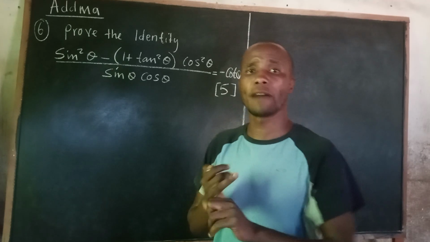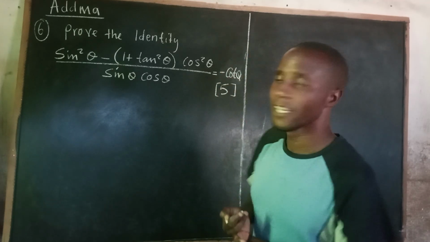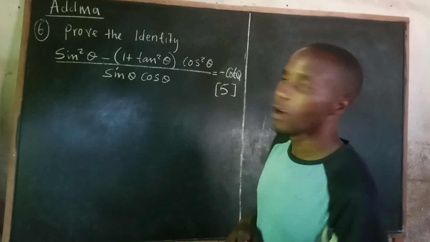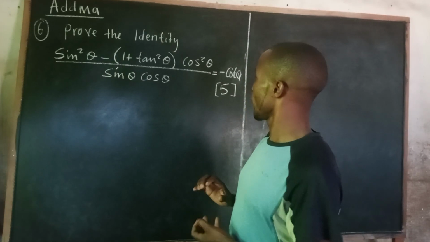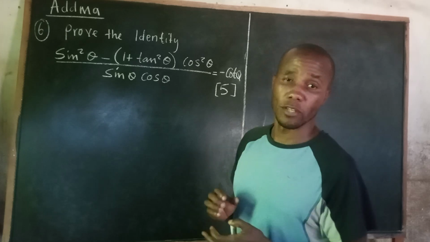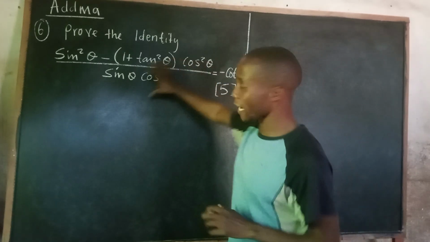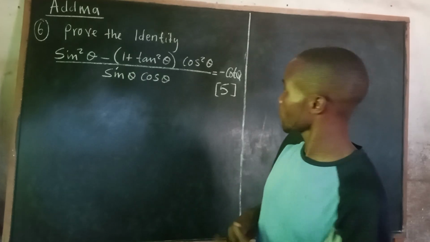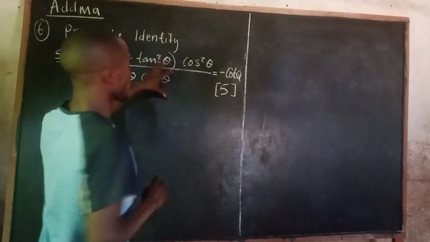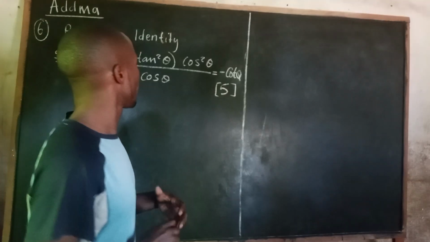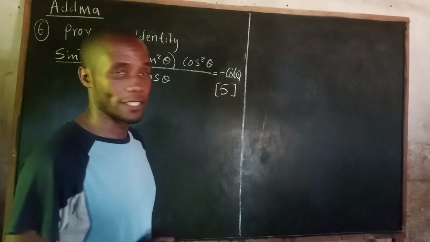We have the quotient identity, the Pythagorean identity, and also the ratios. Those are very, very important. They are the same identities that will help us to work out this particular problem.